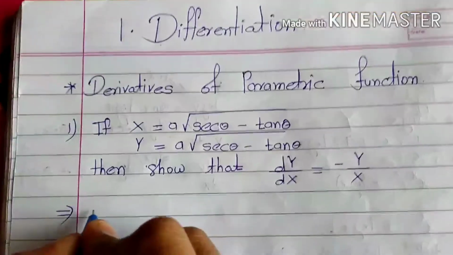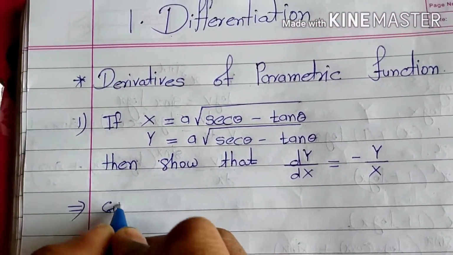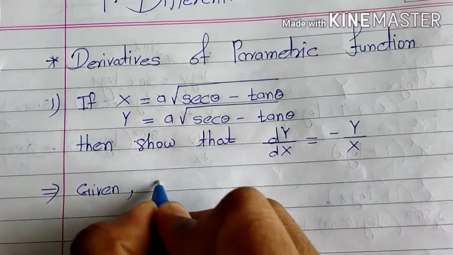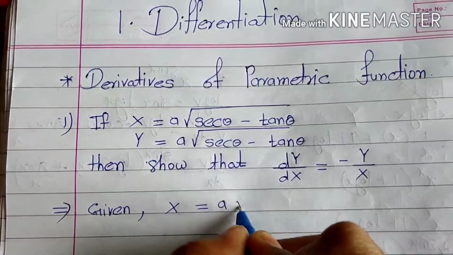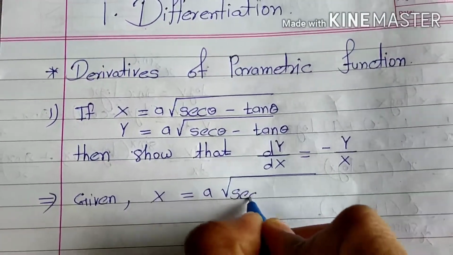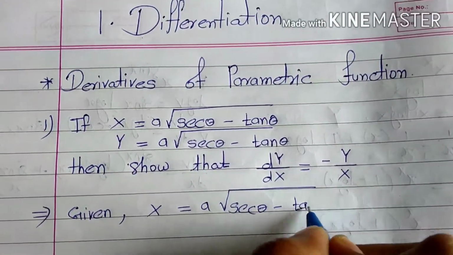So given x is equal to a under root of sec theta minus tan theta.